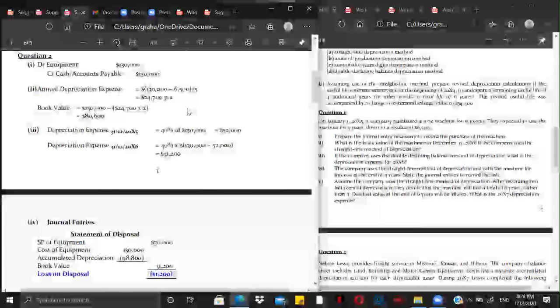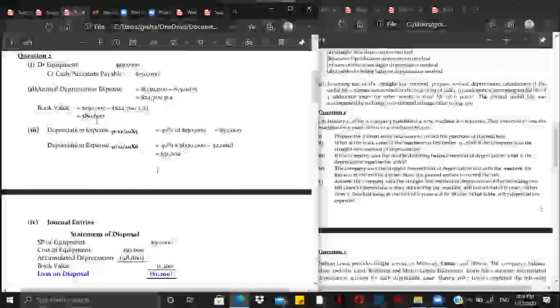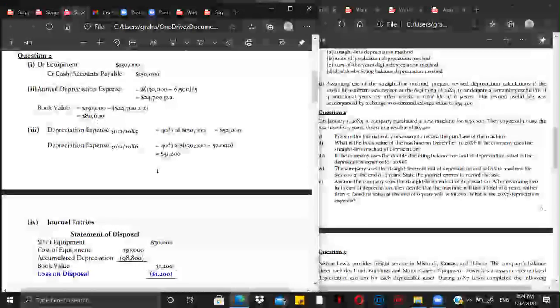So for the other years, you would add the 86,400 for that year to the $144,000, which would give you 230,400. You subtract that from your initial 360, which would give you 129,600.